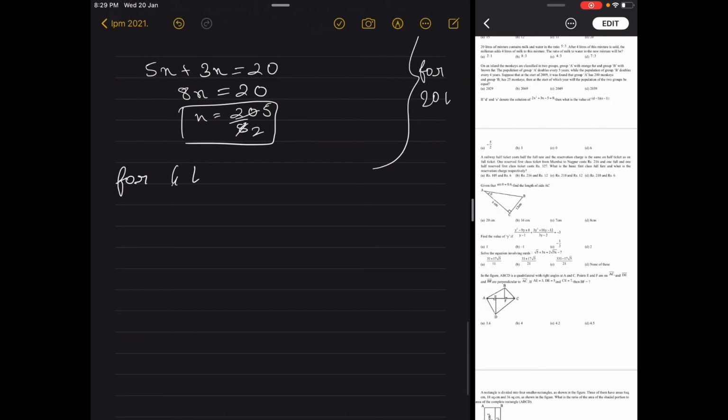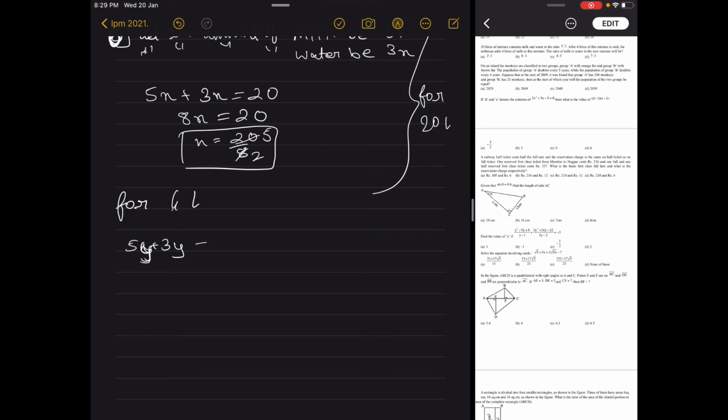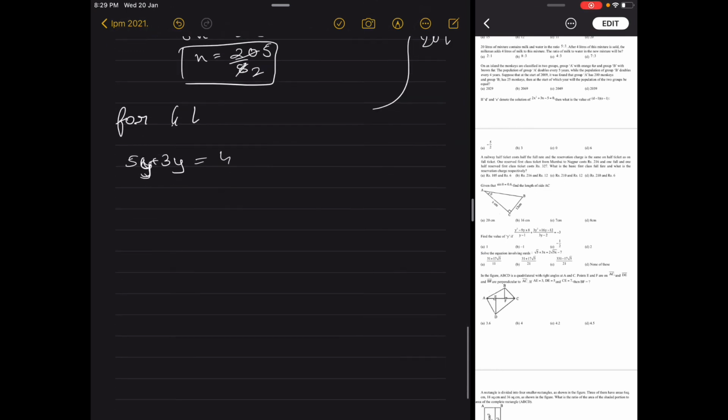For 4 liters, let the quantity of milk be 5y and water be 3y. Adding them both we will get 4, because that much is sold. So 8y should be equal to 4, therefore y should be equal to 1 by 2.